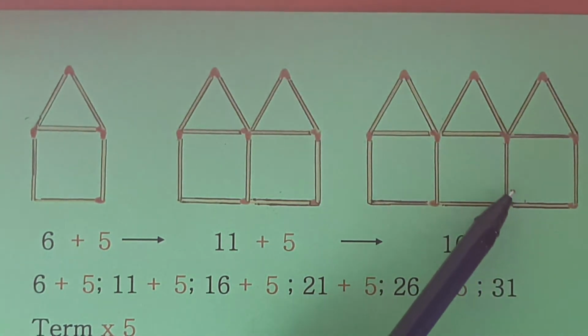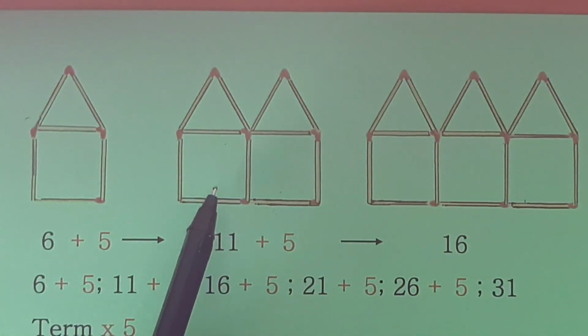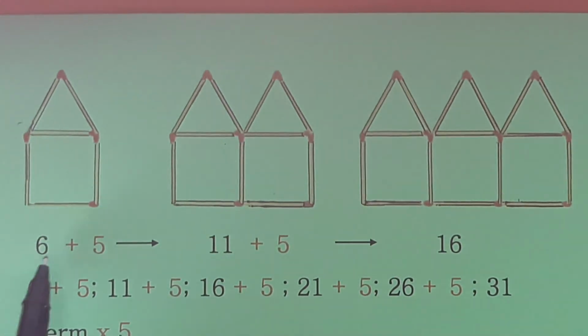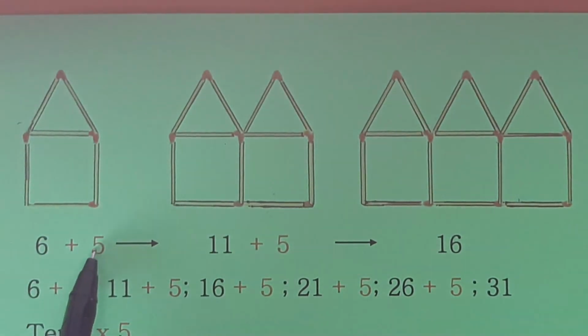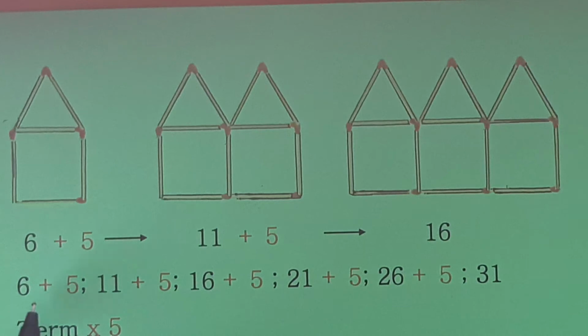So this one is a geometric pattern with a constant ratio. The difference stays the same. So it will be 6 plus 5 is 11, 16, 21, 26, and 31.